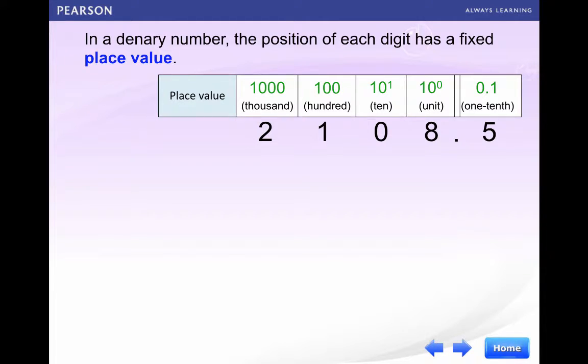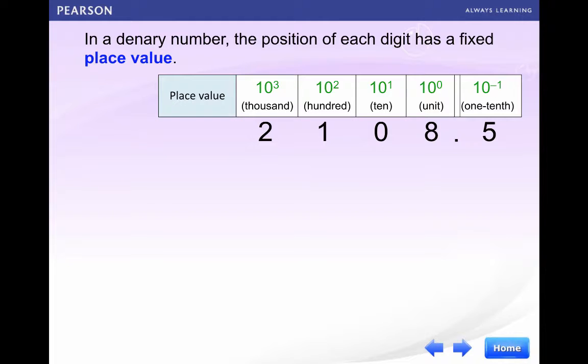And then the number 0 here, the place value is 10 to the power 1. It means 0 times 10. The value 1 here has 100 as the place value. So 1 here means 100. And the 2, the place value will be 1000, that means 10 to the power 3.